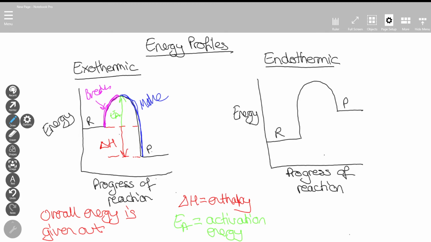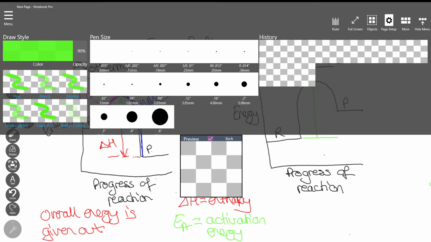So let's apply this information then to an endothermic reaction. So endothermic reactions also have activation energy, and again it always goes from the level of the reactants to the top of the hump. But endothermic reactions are a little bit different. This time the energy required for breaking and making is in different amounts.